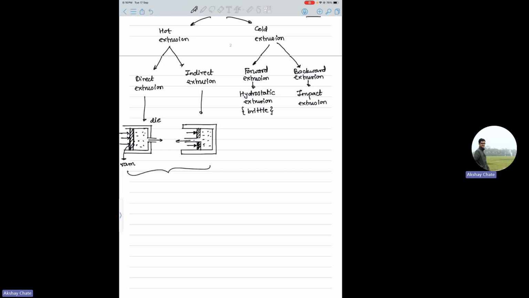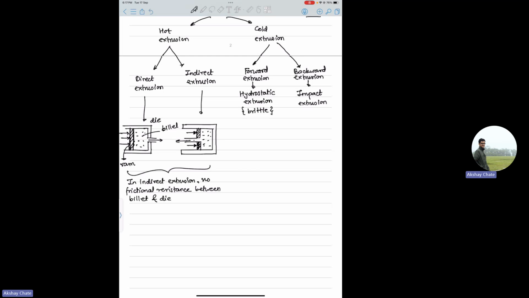Basically, in indirect extrusion, there is no frictional resistance between billet and the die. See, they call this a billet.